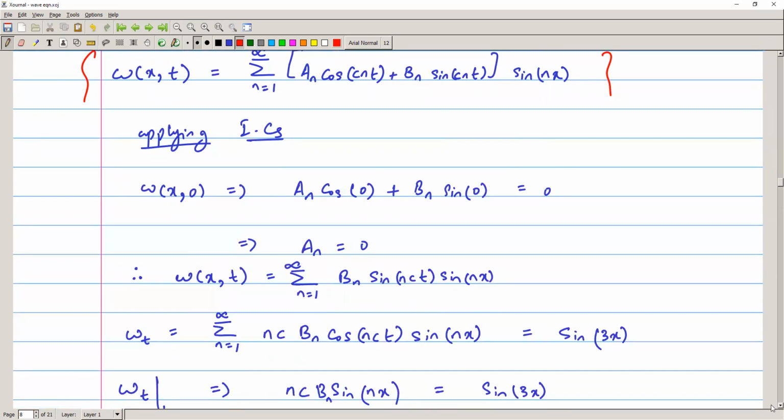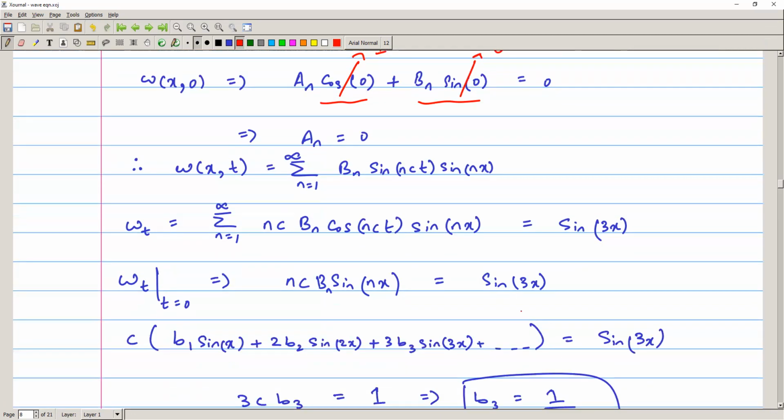Now we'll apply the initial conditions. The first condition is w(x,0) is equal to 0. Therefore, we apply the condition here. We can see that this is equal to 1 and this is equal to 0. So we will get a_n is equal to 0, right?